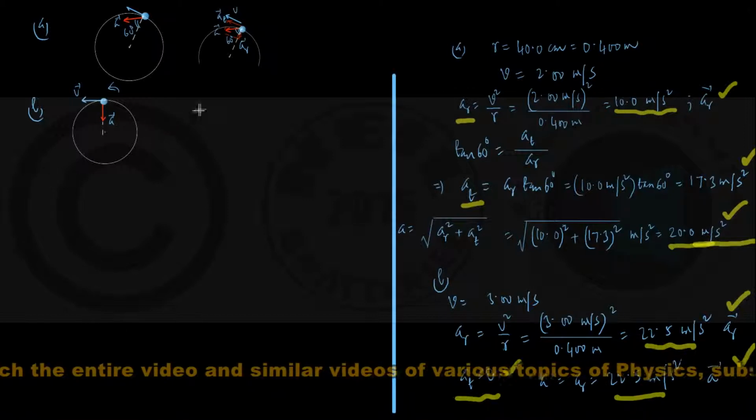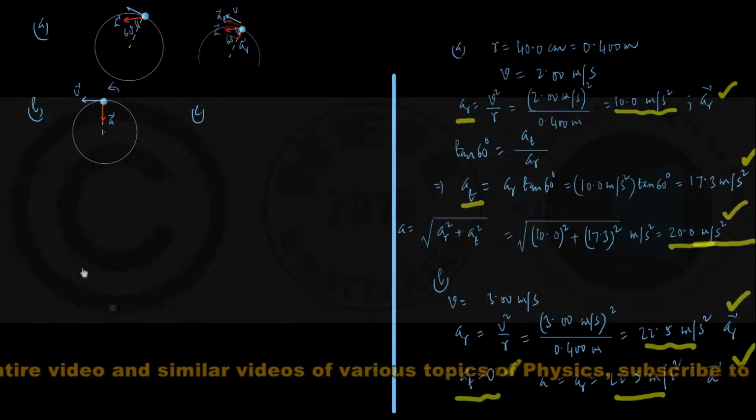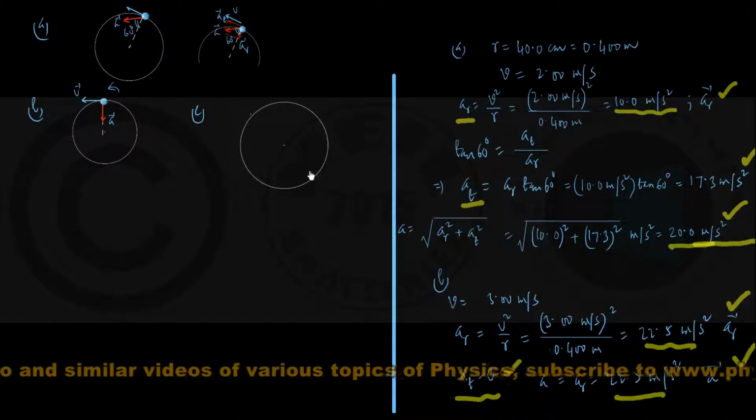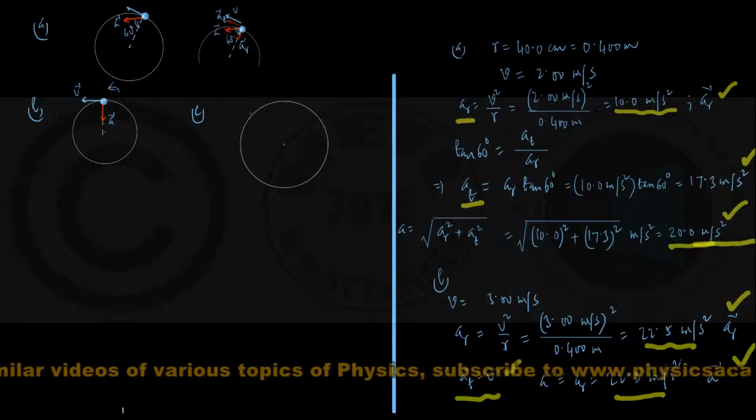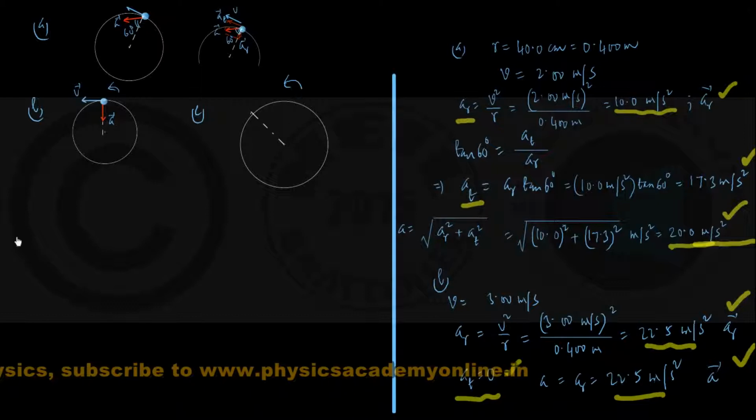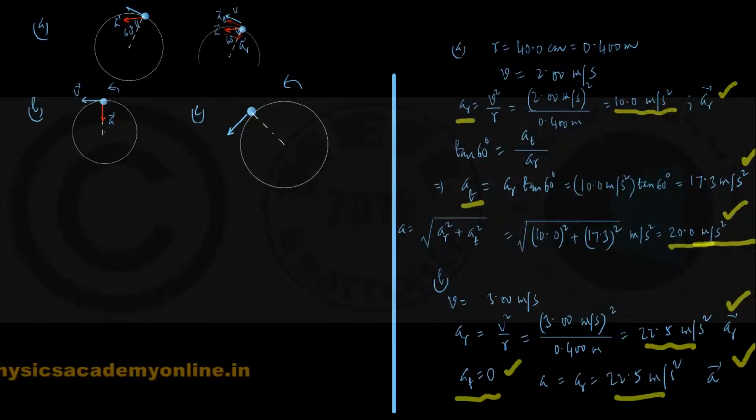And in part C of the question, the figure given is this one. This is the circular path followed by the particle as it moves counterclockwise. At a given instant, suppose the particle is at this position, the velocity vector is along the tangent, and the total acceleration vector of the particle is making an angle of 30 degrees with the radial direction as shown here.